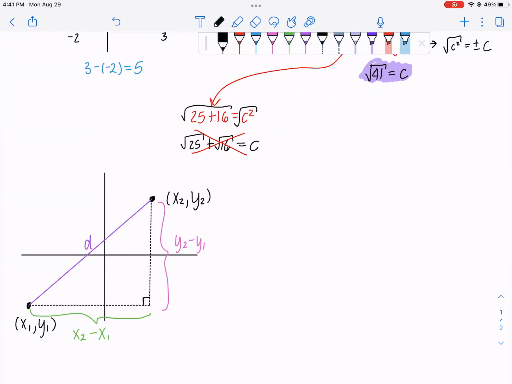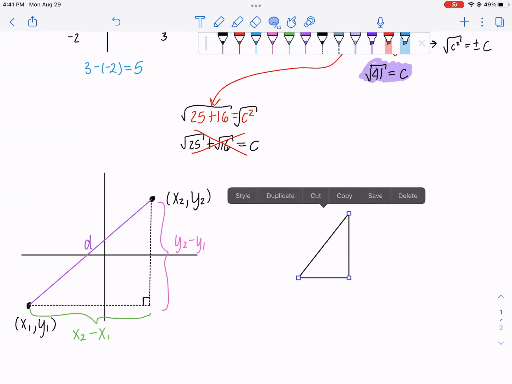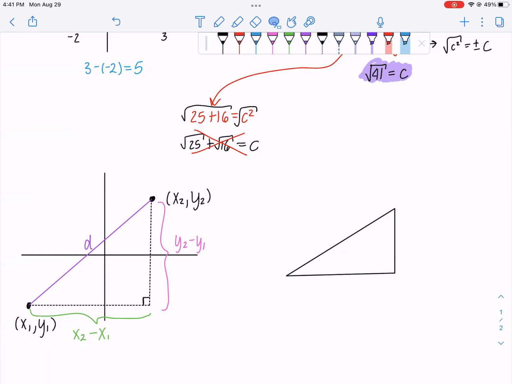Now, if I pull that triangle over to the side of it, this side here is x2 minus x1. This side is y2 minus y1.